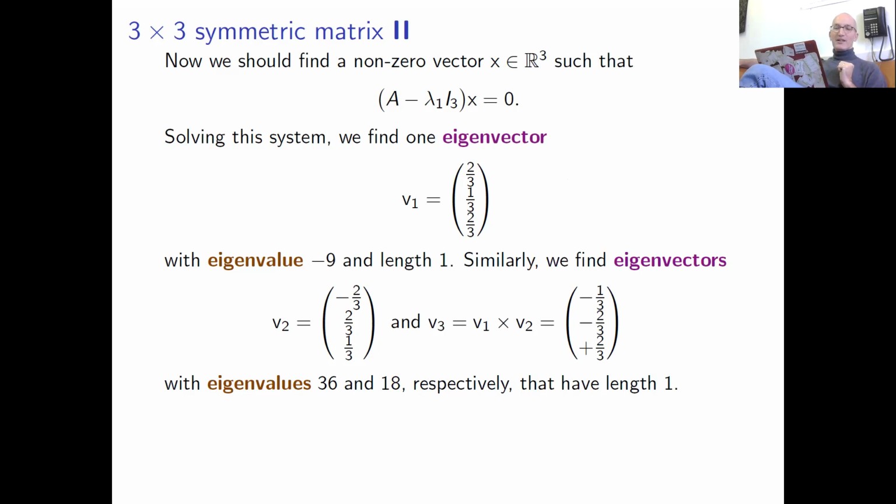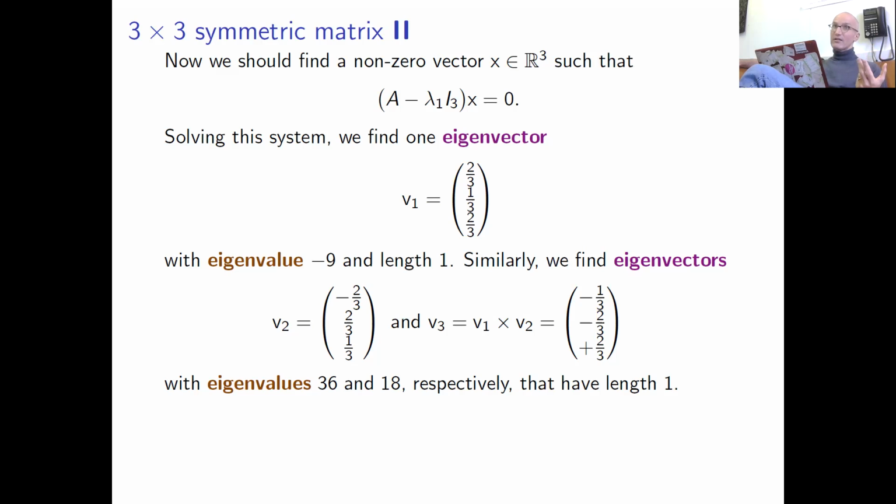But here is a small shortcut. Once I found V1 and V2, I know that V1 and V2 must be orthogonal by the proof of the theorem which I gave earlier today. But I also know that the third eigenvector with eigenvalue lambda 3 must be orthogonal to both of them. And now I can use a shortcut. I can just take the cross product of V1 and V2, and I must get a vector which is an eigenvector of my matrix A and orthogonal to the previous two.